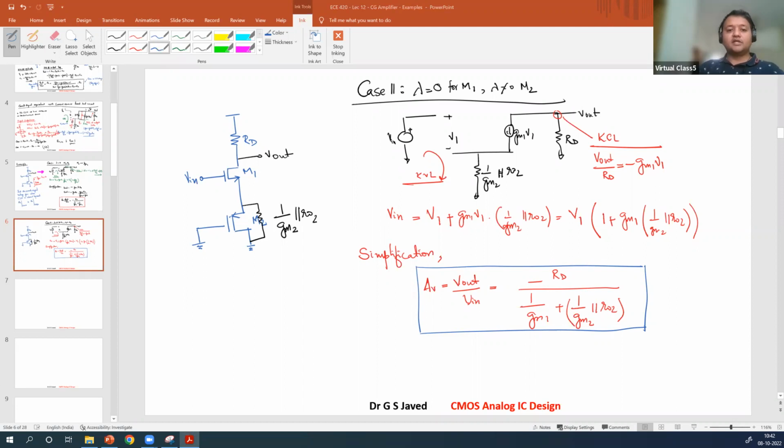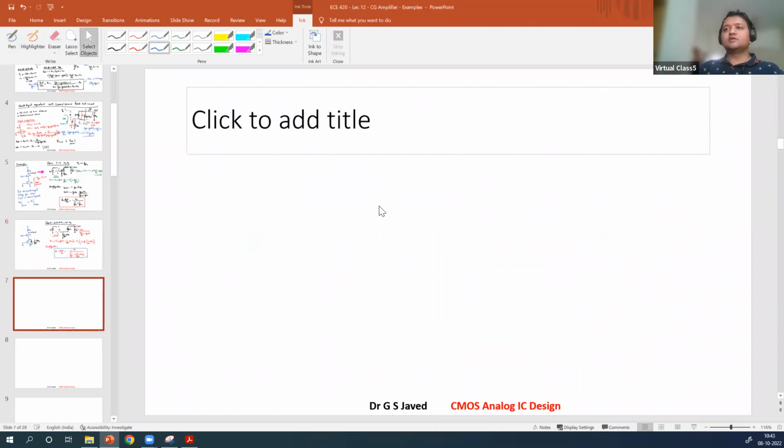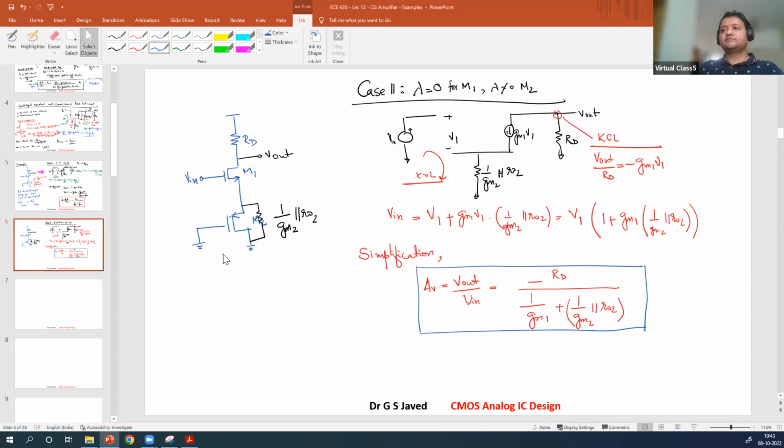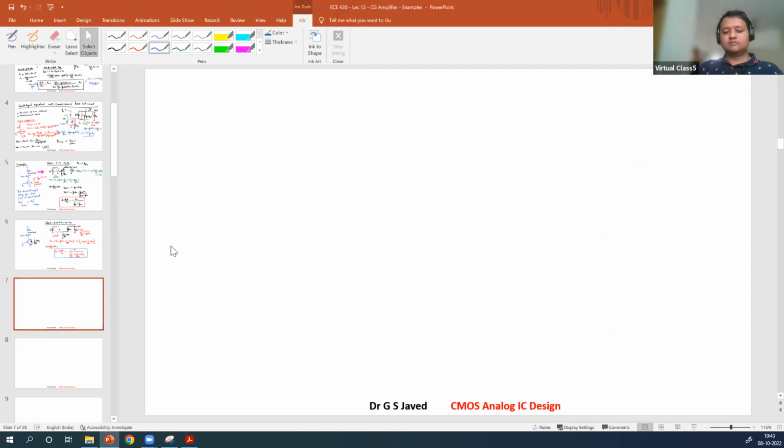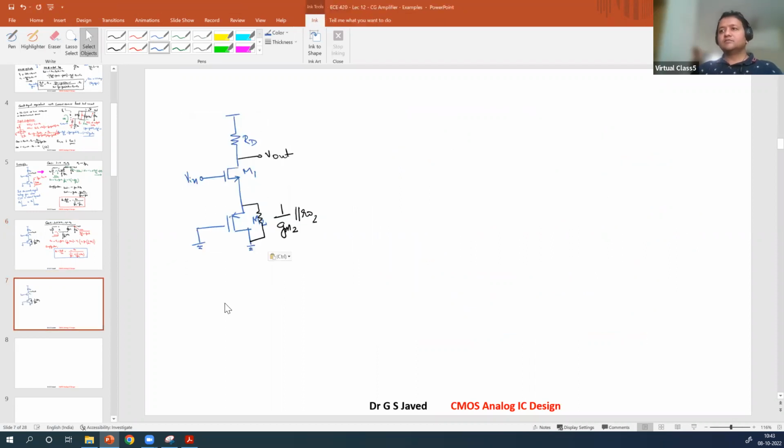So what is the third condition? Right. Third condition looks something like this. In this case, you will have an output impedance here also, right? So this will be RO1.